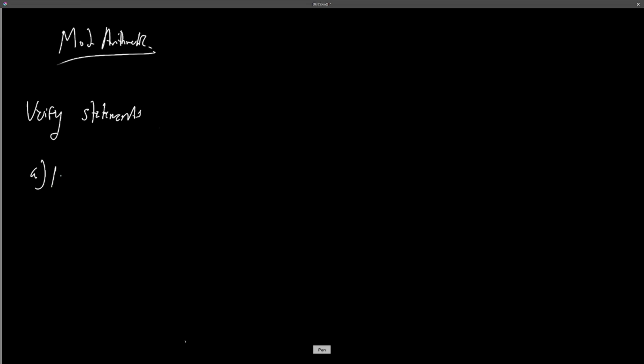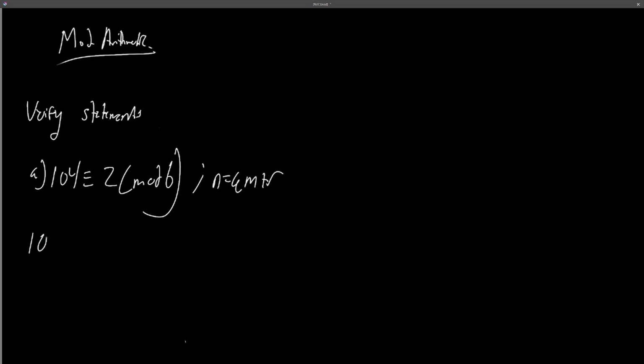Let's look at 104 is congruent to 2 mod 6. As I said before, this can be written, with some slight adjustments, as 104 divided by 2, 52 times our mod 2. Oh, I'm sorry.